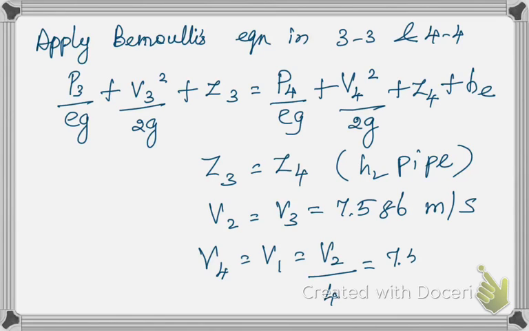So which is 7.586 by 4. That is equal to 1.8965 meter per second. Now pressure value is given to us already, which is P3 is equal to 67689 Newton per meter square.